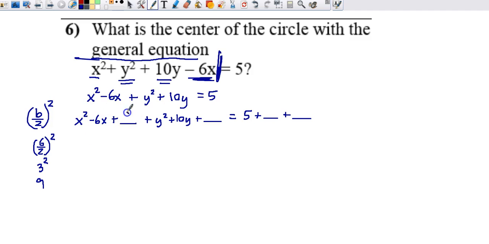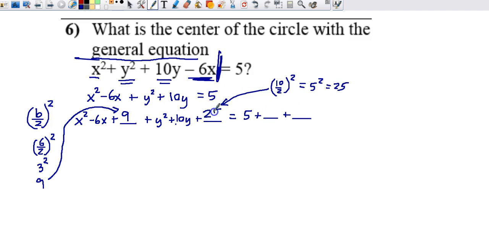That 9 is going to get put right there. For this one here, you would take the 10, divide by 2 and square it. That's 5 squared, which is 25, and that's going to go right here.